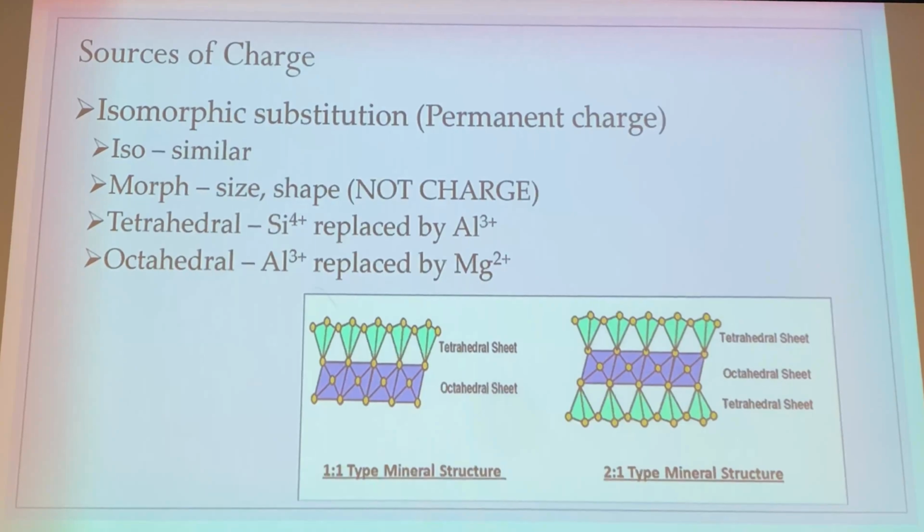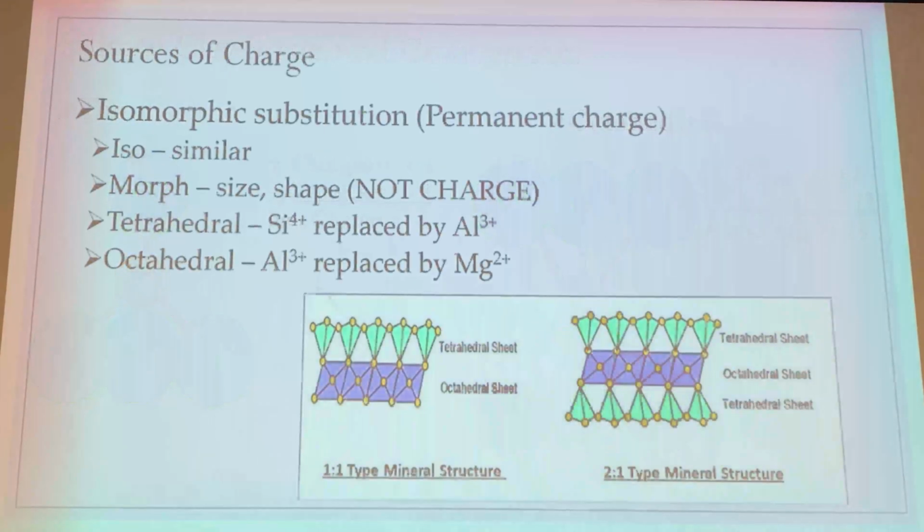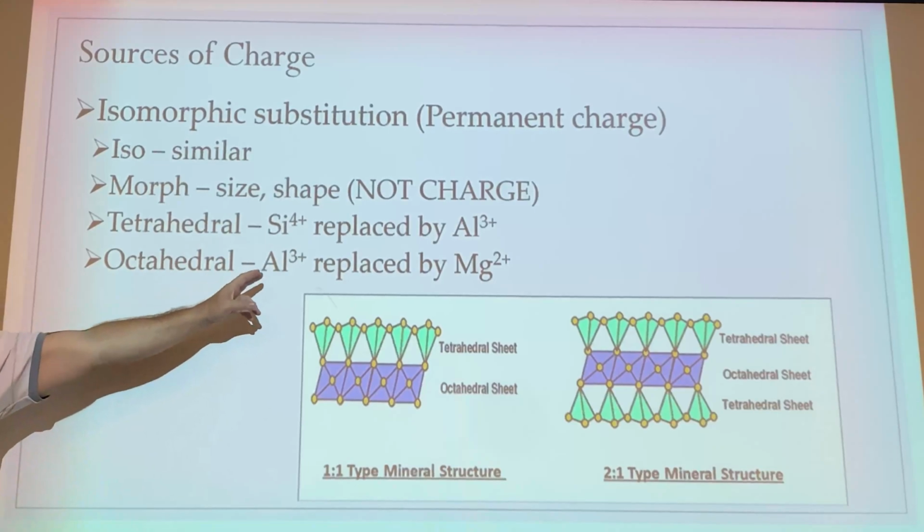When we're talking about sources of charge, I'm hoping we can get through isomorphic substitution. Iso, meaning similar. Morphic, meaning size and shape. This has zero to do with the charge, none.